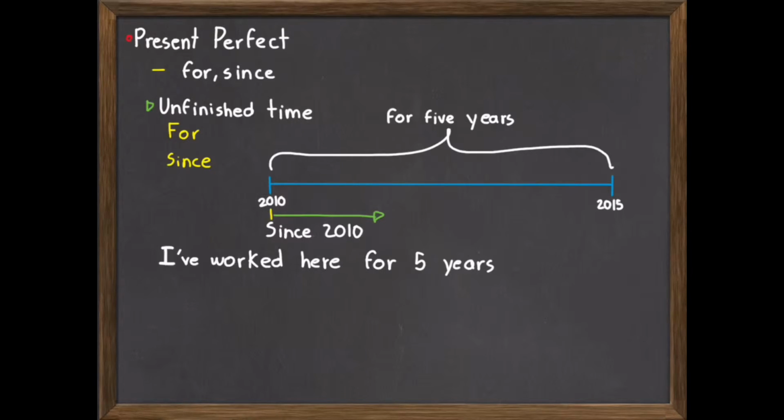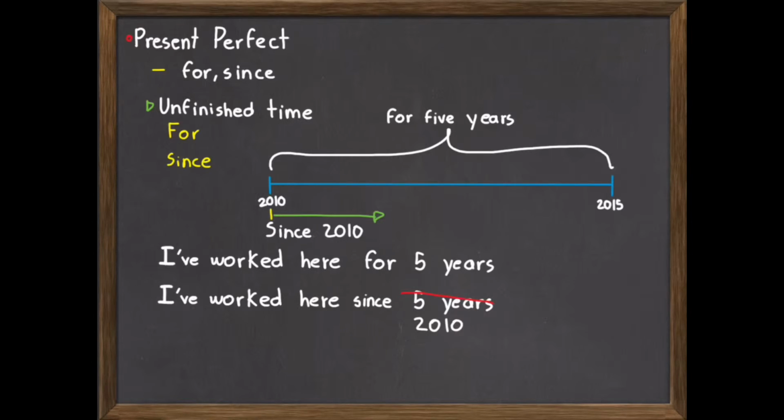If we continue with this example just below, we wouldn't say I've worked here since 5 years. We would rather say I've worked here since the specific time that we started. So I've worked here since 2010 or since I was 25 years old. That's how we use for and since.